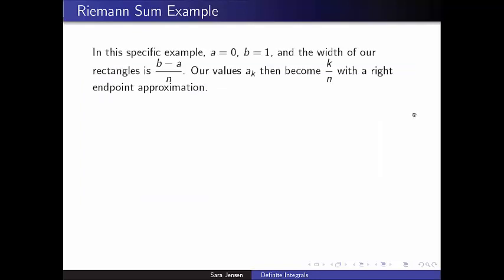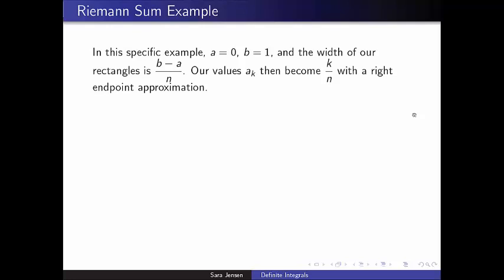So, for this specific example, the a that I mentioned on our first slide is 0, the b that I mentioned on our first slide is 1, and because we're using (b minus a) over n as a formula for the width of our rectangles, we end up with 1 over n as the width of each of our rectangles.